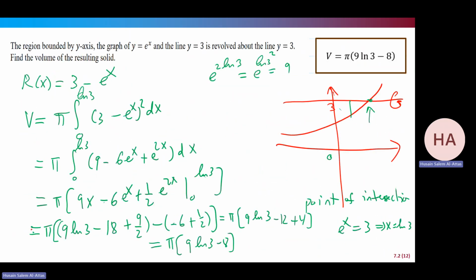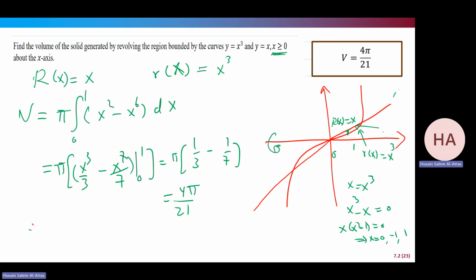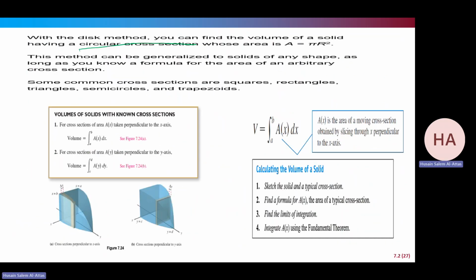Now we'll expand that idea. We have generalized to solids of any shape, as long as you know a formula for the area of this cross section. Some common cross sections: squares, rectangles, triangles, semicircles, and trapezoids. I need to find the area of that cross section.